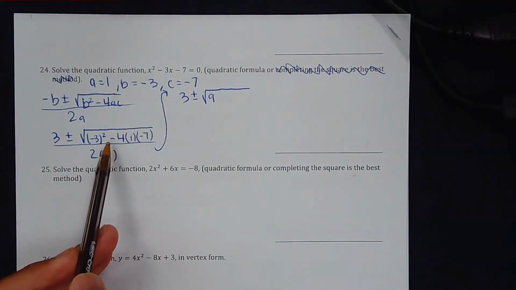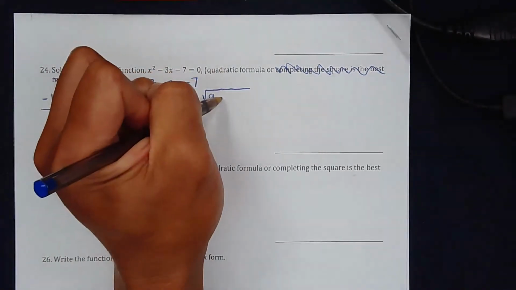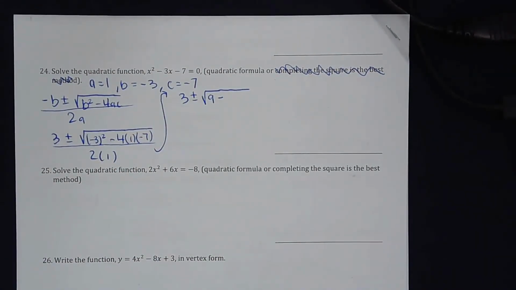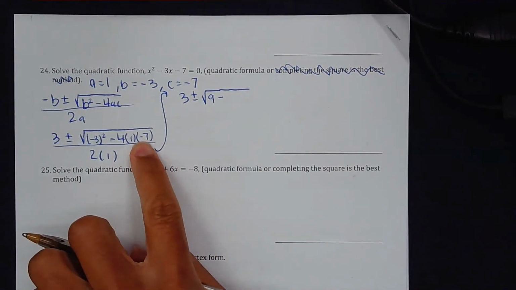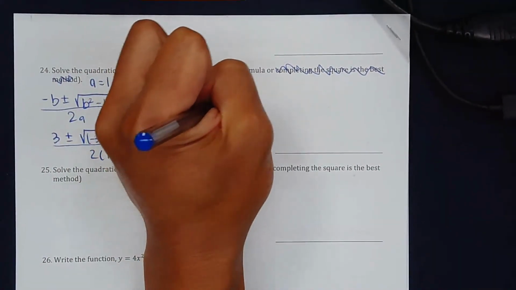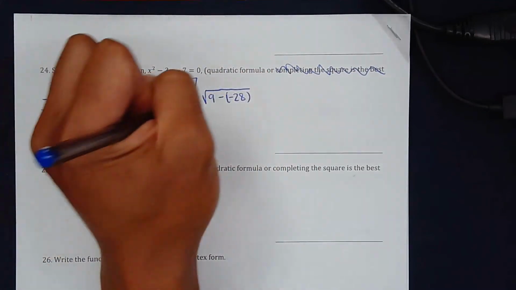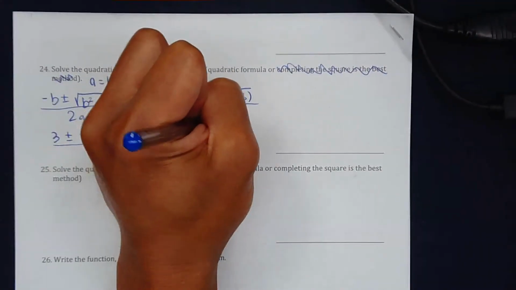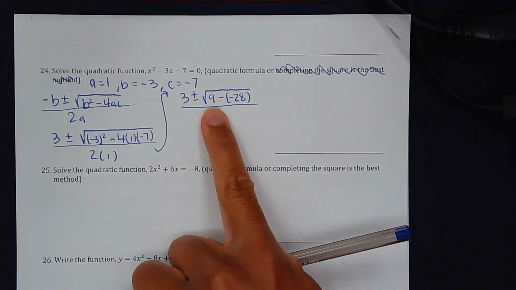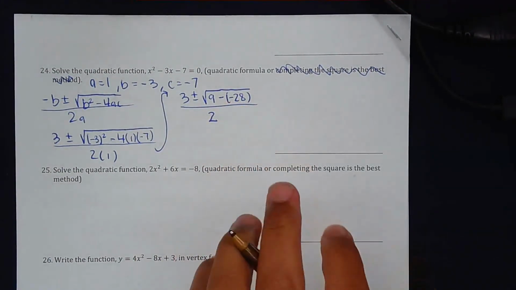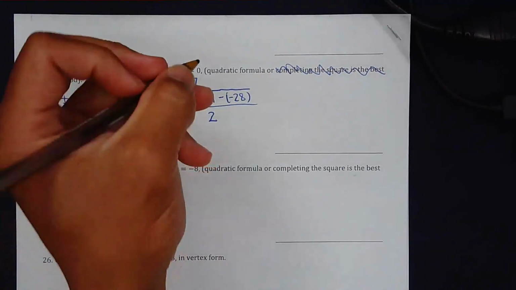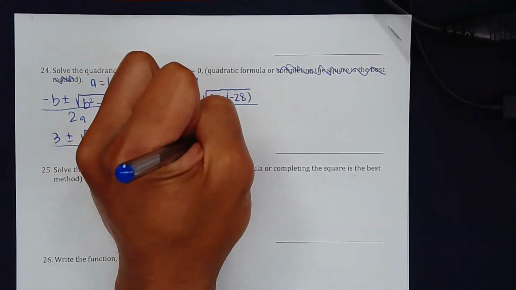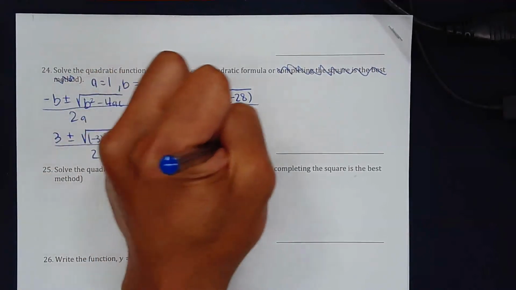We still need that minus sign. 4 times 1 gives us 4. 4 times negative 7 gives us negative 28. All divided by, well, 2 times 1 is just 2. All right, 9 minus a negative 28. As you guys know, we go ahead and add those together. That gives us 3 plus or minus the square root of 37 divided by 2.